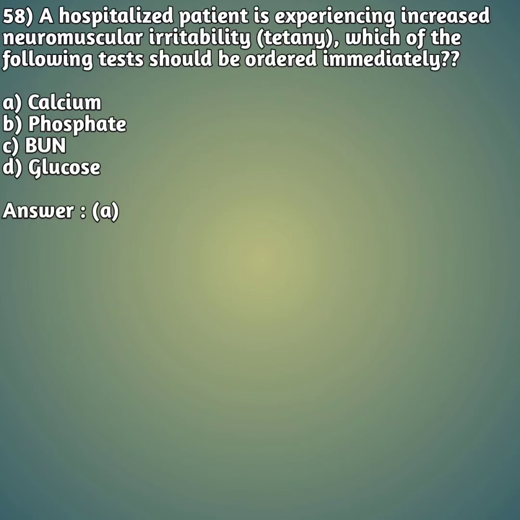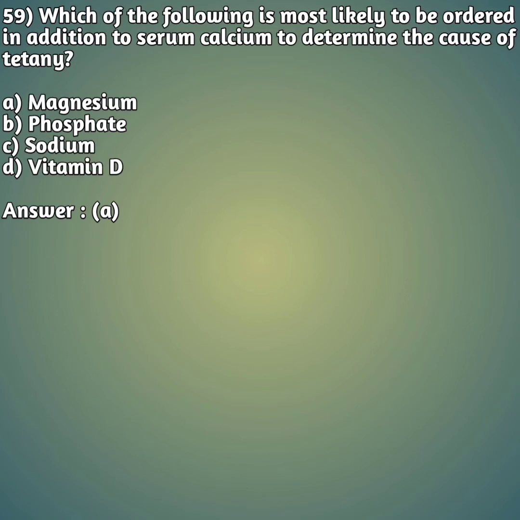Moving on to the 58th question. A hospitalized patient is experiencing increased neuromuscular irritability, that is tetany. Which of the following tests should be ordered immediately? Option A, calcium, option B, phosphate, option C, BUN, that is blood urea nitrogen, and option D, glucose. So the answer is answer A, that is calcium. Moving on to the 59th question. Which of the following is most likely to be ordered in addition to serum calcium to determine the cause of tetany?